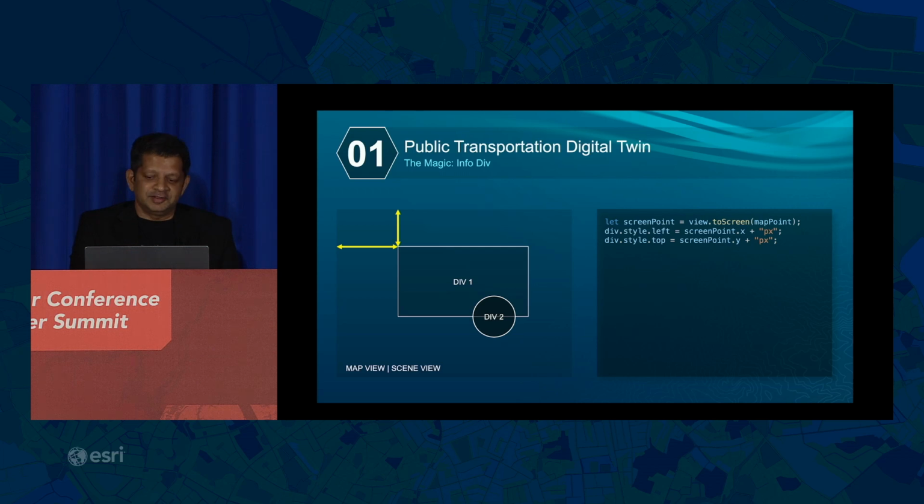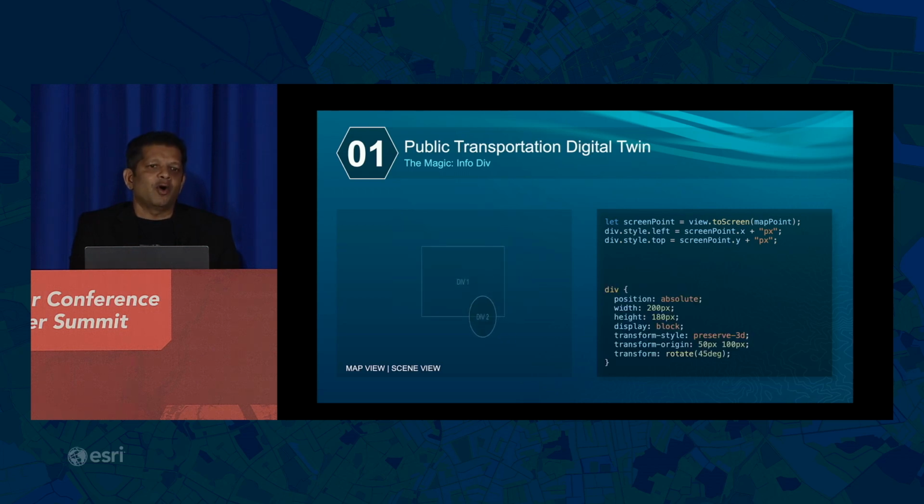Now, because it's a div, you can apply all kinds of CSS tricks to it. So you can transform it in 3D, and it's a simple div that you're just overlaying on top of your map that you animate, and you can rotate it depending on the angle that you want with the map, right? So it's really simple. It takes about 5 lines of code to do this. So this was the simple trick, and I'll use this pretty much in every application I build.